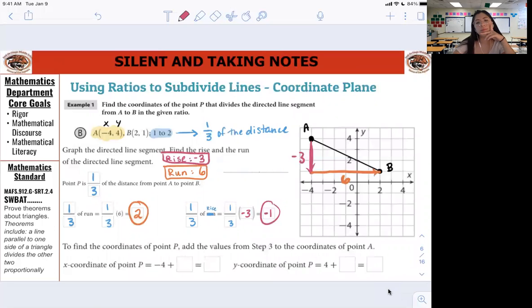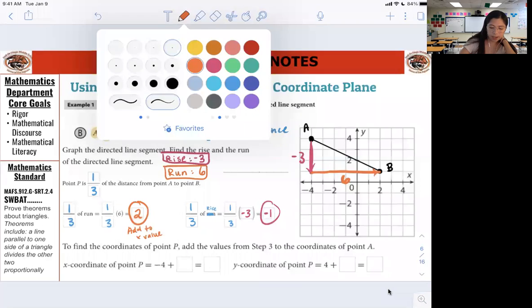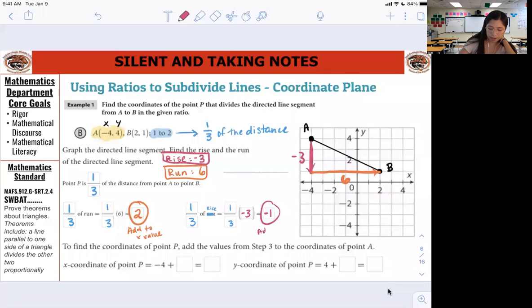Good, the run. So we're going to add this to the x value of A, and then the other number, we're going to add that to the y value.